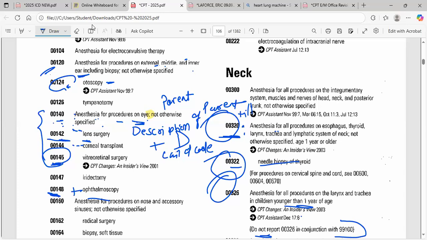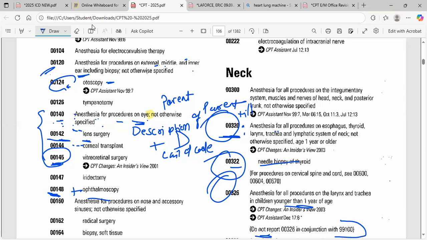Unmute yourself. What will be the description when we have to use 00145?